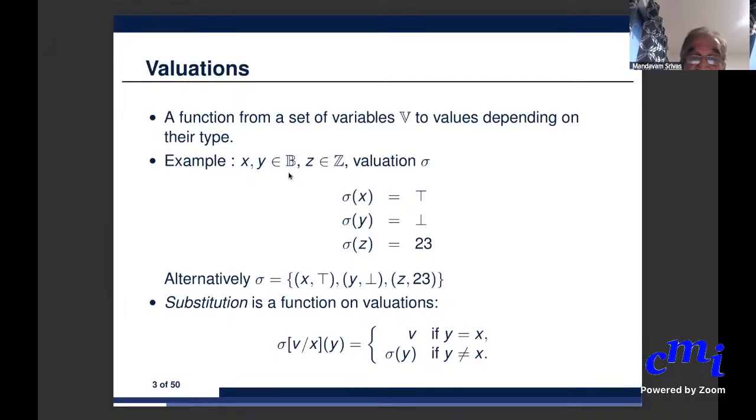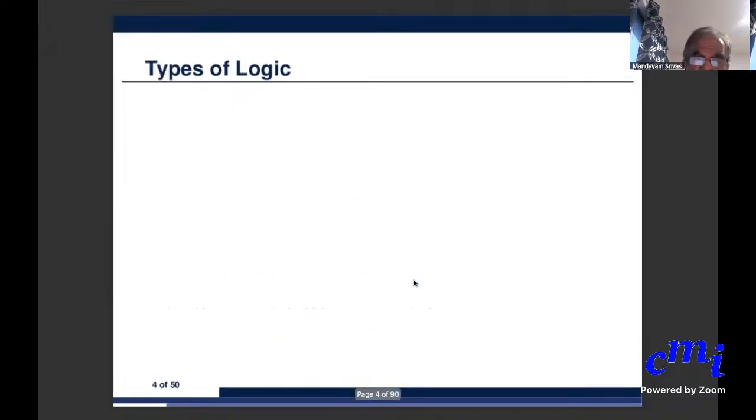For example, they can range over Booleans, true and false, or some other domain of interest, say integers. A valuation is a function that assigns values to each of the variables. For example, x and y could be true and false, and z could take 23. You could write it this way.